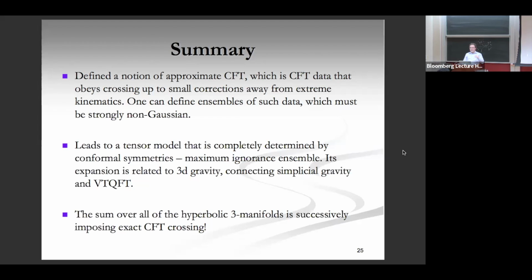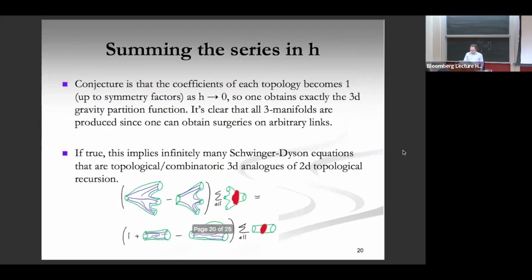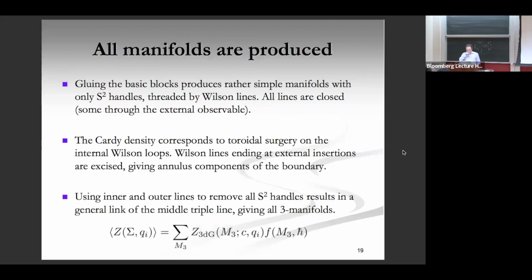There's a question there. Yeah, could you go back to slide 19, the bottom? Okay, I think you might have said this, but the three-manifolds are not necessarily connected, right? Right. So the limit as h bar goes to 0 should be like 1 over n factorial if you have n copies and you're a disconnected, disjoint sum of n copies of one kind of diffeomorphism type.